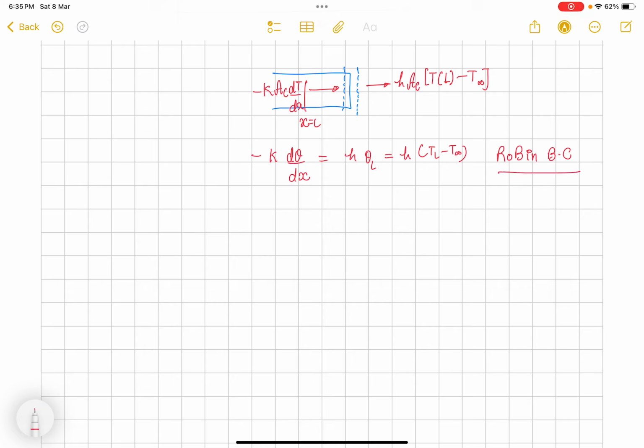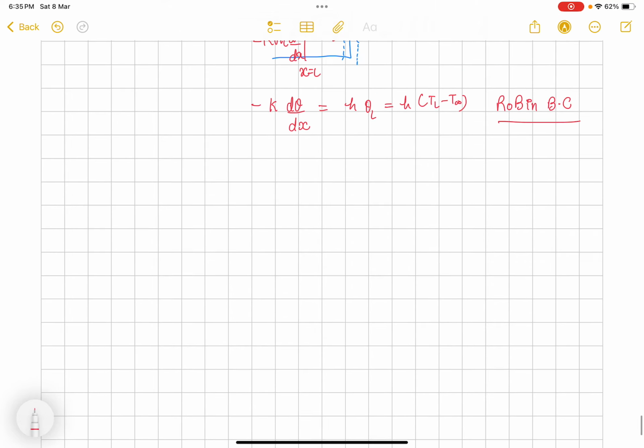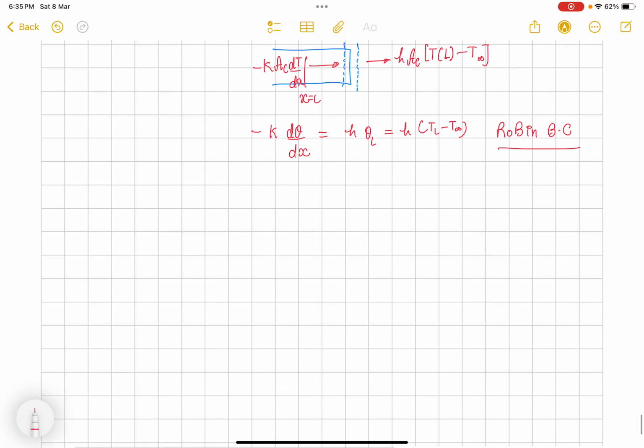All right. So if we follow the rigorous approach, we can find the temperature variation and the heat transfer for this case. Rigorous approach, which is the same as we did for the above cases.